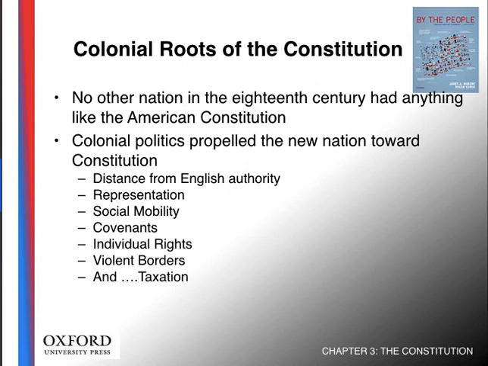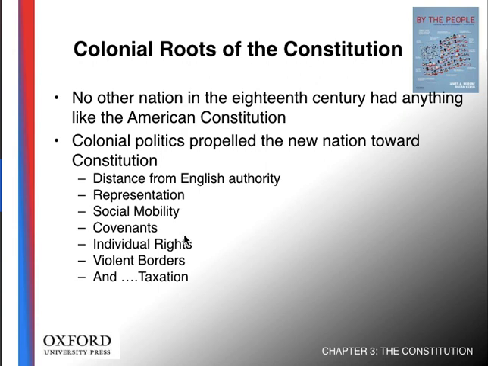The colonial politicians wanted to become a new nation and have their own constitution because of a variety of reasons. One, the distance from the British authority, the fact that they didn't have any representation, and the ability to rise in social mobility was difficult without their own governance.